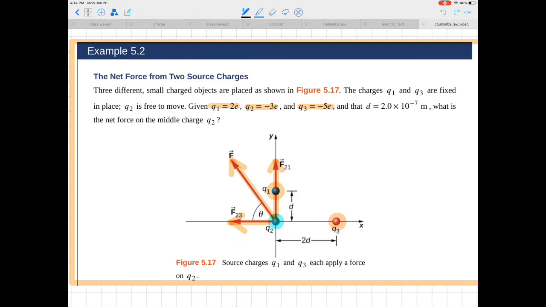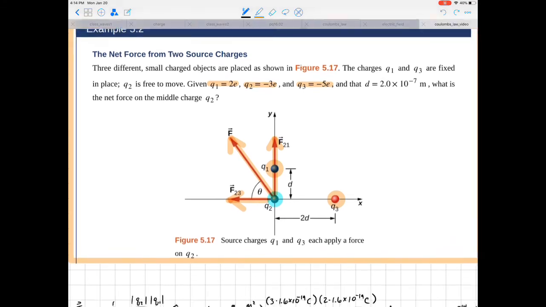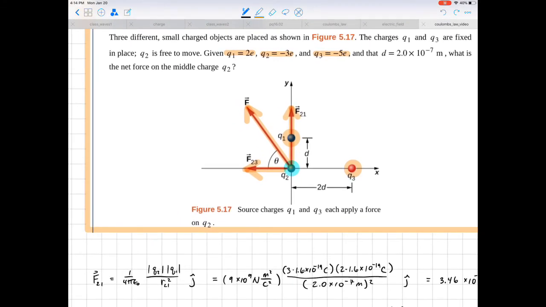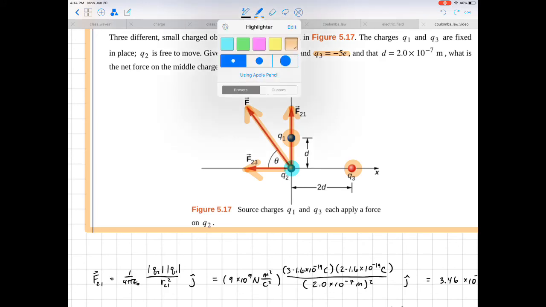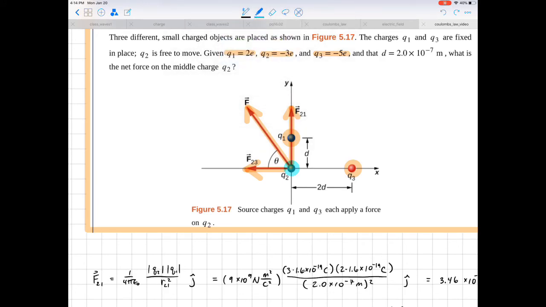All right, so I've already sketched out some of this work, and so we're just going to go through it together. The first thing, I'm going to calculate F2 on 1, and I've sketched out what that looks like, just writing Coulomb's law, and notice that I've included the direction here, the j hat direction. That's the plus y direction. That's the up direction in my picture.